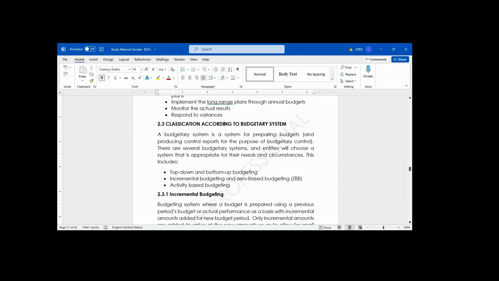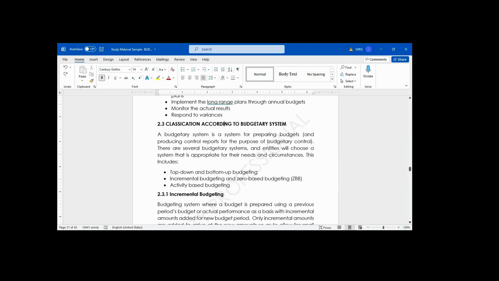So, ladies and gentlemen, today, again, we look at another classification of budget called classification according to budgetary system. How do we classify budget according to budgetary system? We need to look at that today. When we are classifying budget according to budgetary system, we have zero-based budget.